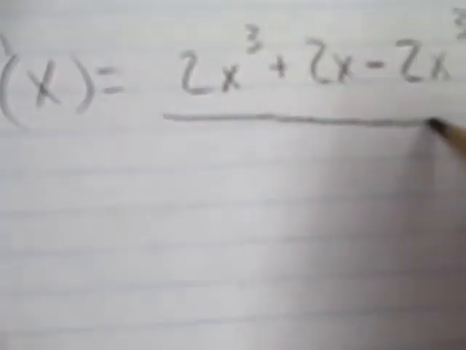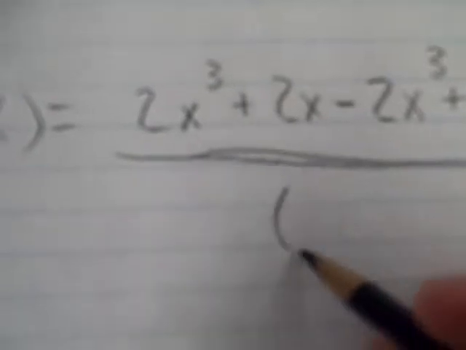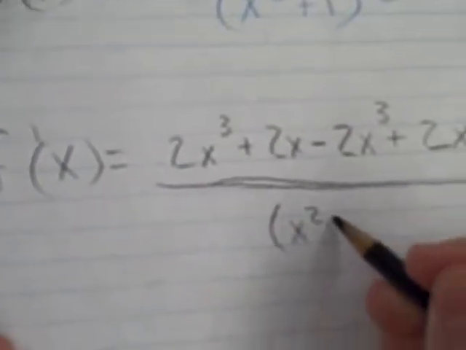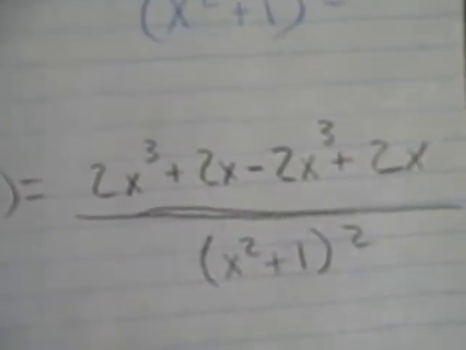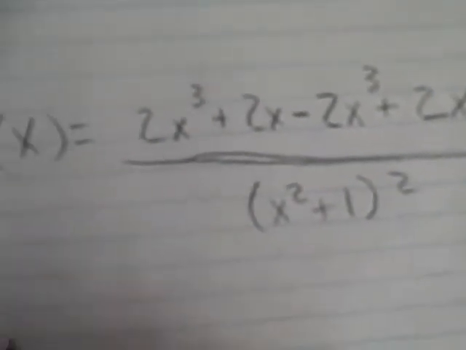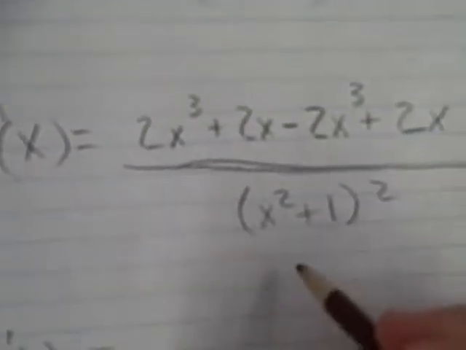And for now, we can just write the bottom again. Now we just have to simplify the top. We have 2x cubed and negative 2x cubed, that's just 0. Then we combine like terms with the 2x and the other 2x, and that gives us 4x.